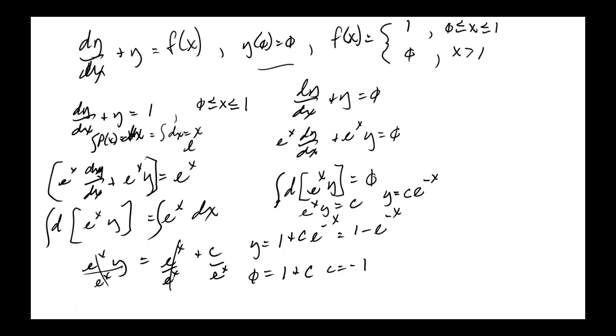Because when x is equal to 0, this is e to the 0, this is 1, okay, 1 over 1, that's 1, 1 minus 1 is 0, so you're at 0.